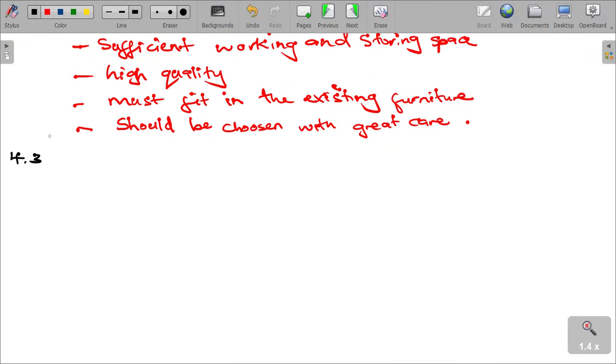4.3. 1. The office should be neat and tidy. 2.